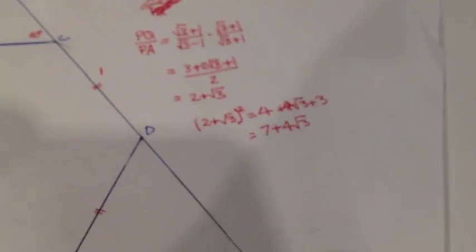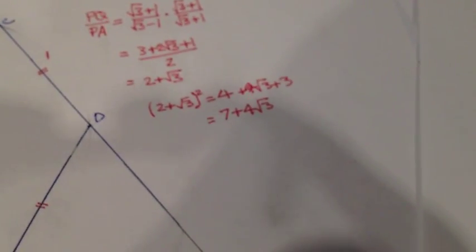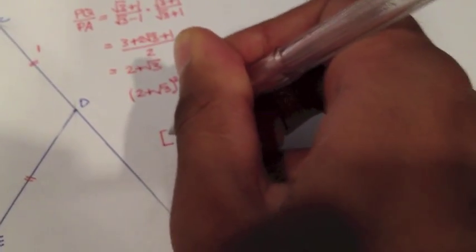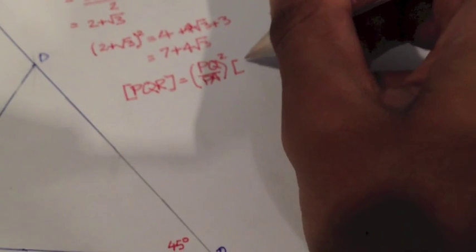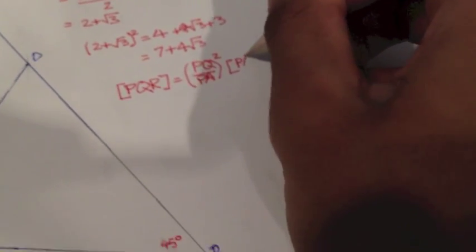So now, to find the area of triangle PQR, let's finally write out what our plan is. This is actually equal to the square of PQ over PA, as I mentioned, times the area of triangle PAF, because they are similar.